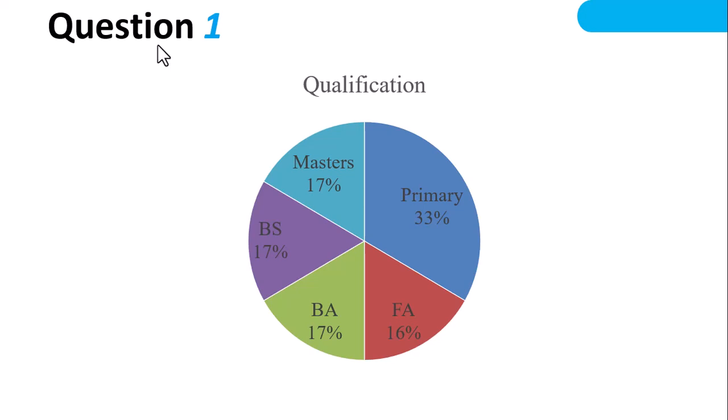Actually, I have conducted a lot of interviews with different pupils, and you can see the education of those pupils in this chart. 17% have a master's qualification, 33% primary qualification, and intermediate qualification is 16%, and bachelor of arts, equivalent to 14 years of qualification, is 17%, and bachelor of science, also equivalent to master's, is also 17%.